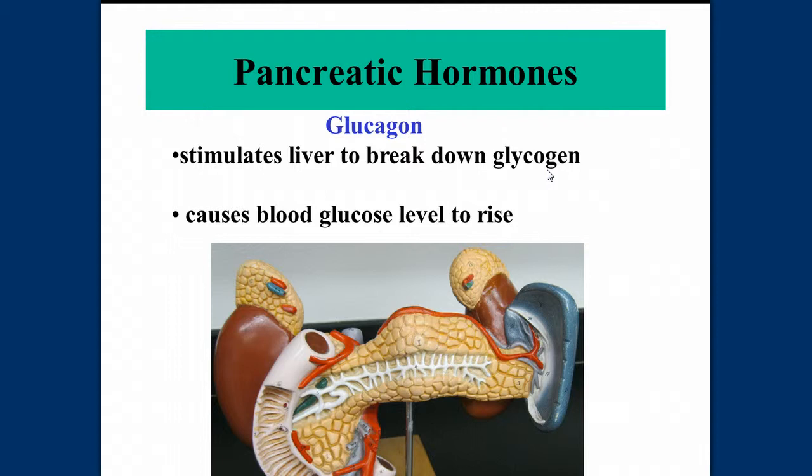Remember that those islets of Langerhans, or the pancreatic islets, have alpha and beta cells. The alpha cells produce glucagon. Glucagon increases blood glucose levels. How? Where are the target cells? In the liver. The liver will respond by breaking down the glycogen into glucose so that blood glucose levels rise.